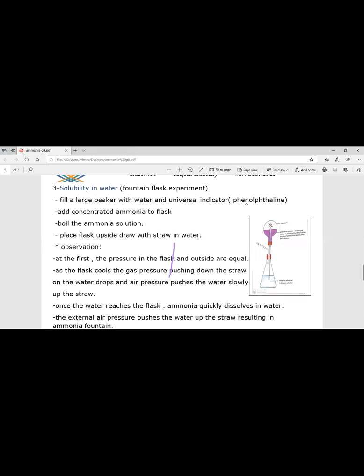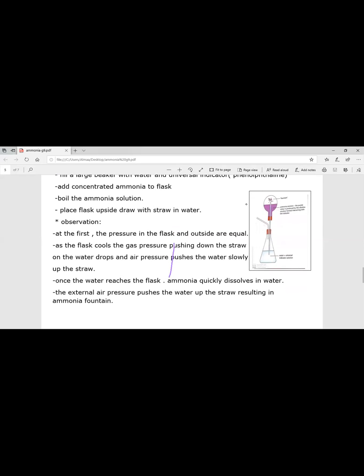When the drop of water goes up into the flask, it reacts with ammonia and makes this phenomenon. Once the water reaches the flask, ammonia quickly dissolves in water, and then the external air pressure pushes the water up the straw, resulting in the ammonia fountain.